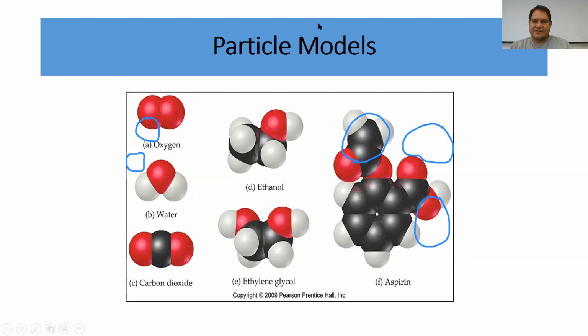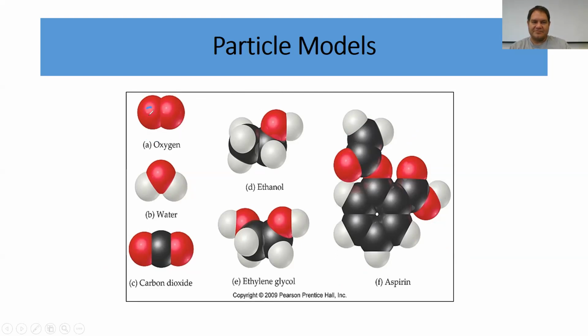Let's erase all of this. So these are also models. We have a model of oxygen, we have a model of water, carbon dioxide, and so forth. And the different colors you see are different atoms or elements that make up these particular compounds.